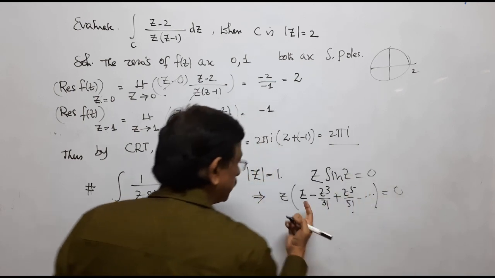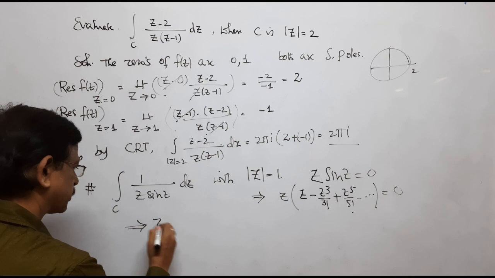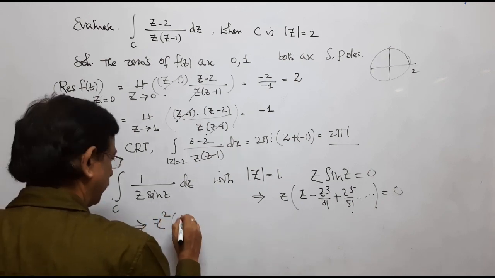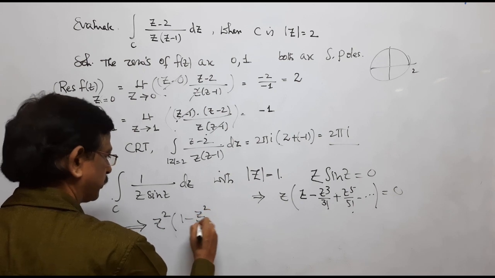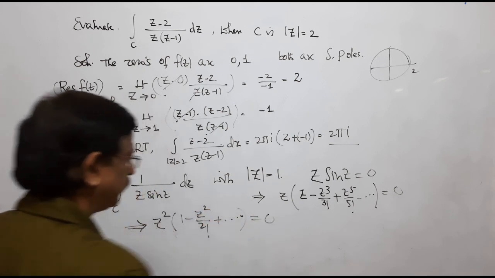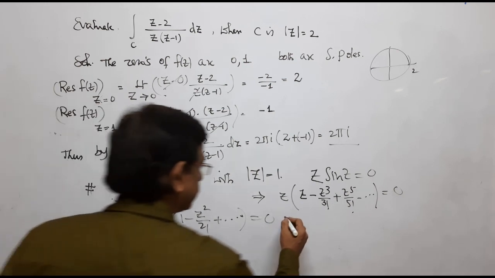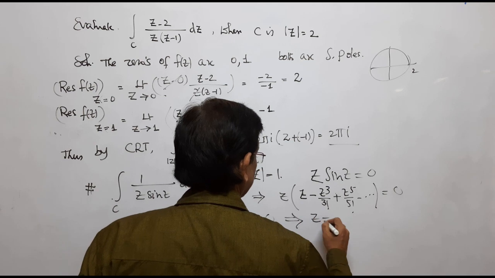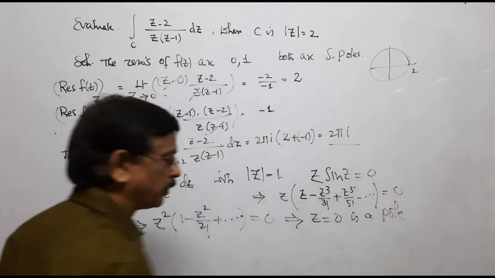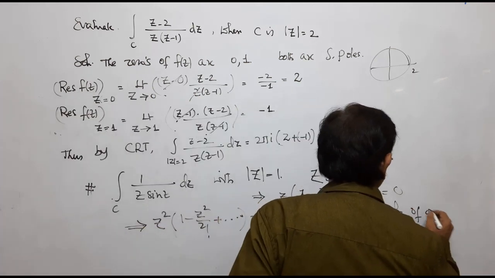Take z common, and you will get z square into (1 minus z square by factorial 3 and so on) equal to 0. So z equal to 0 is a pole of order 2.